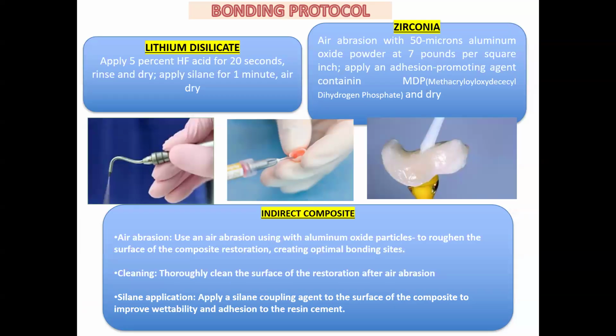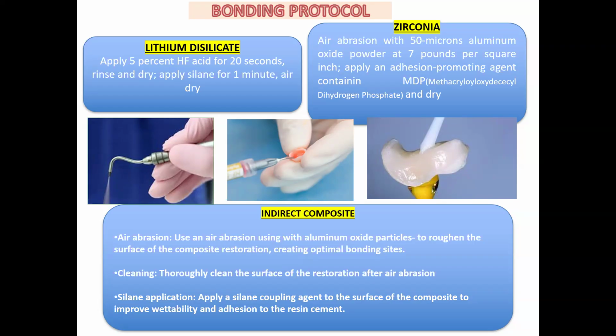This is the bonding protocol to keep in mind when cementing lithium disilicate endocrowns: apply 5% hydrofluoric acid for 20 seconds, rinse and dry, and after that apply a silane coupling agent for 1 minute and air dry.